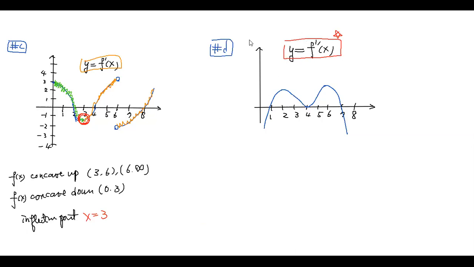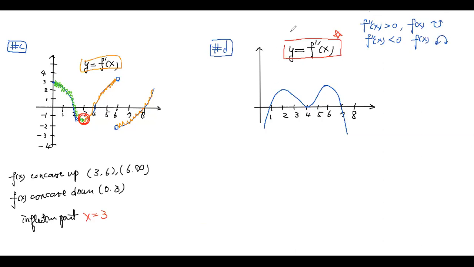If you remember the formula I wrote here, f double prime x greater than 0, then f of x is concave up. If f double prime x is less than 0, then f of x is concave down.